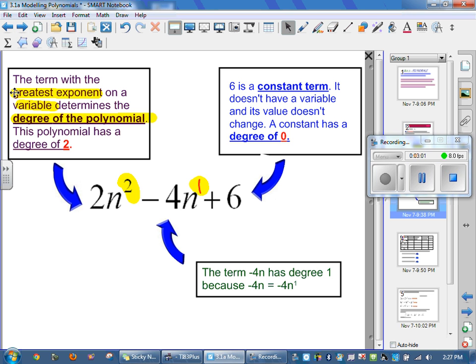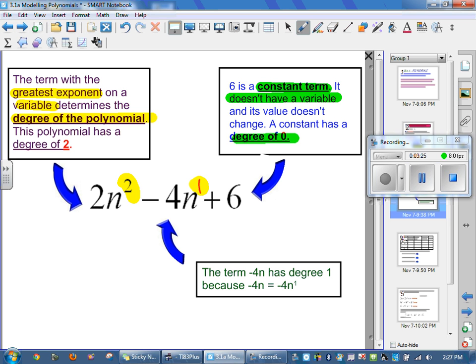Then when we take a look at constants, we need to know what the word constant means. A constant is any digit without a variable. Because it doesn't have a variable, and only variables get degrees, it's considered a degree of 0.